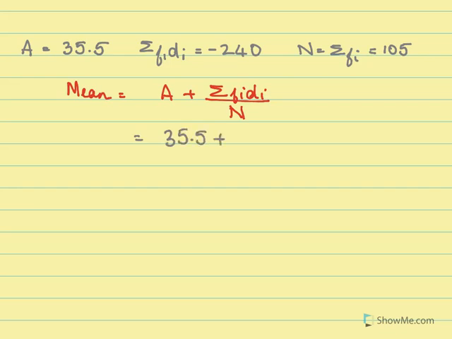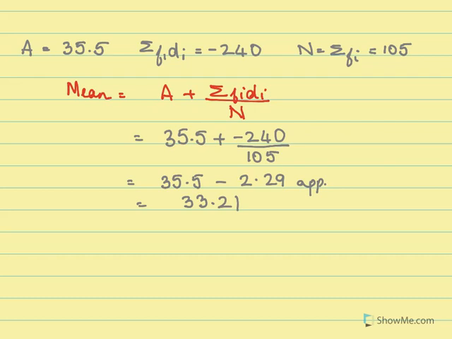We have 35.5 as assumed mean, minus 240 fi di over 105. So here it works out to 35.5 minus 2.29 approximately, which is equal to 33.21. So the mean of the distribution is equal to 33.21.